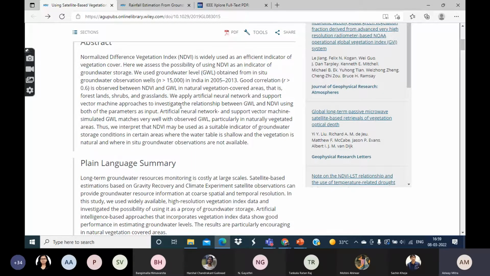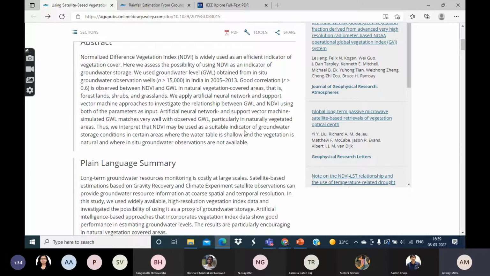They are able to do this using the NDVI. So just like in the previous case, they were using the radar images to estimate the rainfall, here the aim is to use this satellite imagery, or rather this NDVI imagery, to estimate the groundwater. And this kind of estimation is again done using either neural networks or support vector machines.